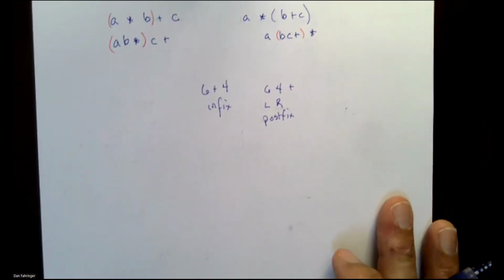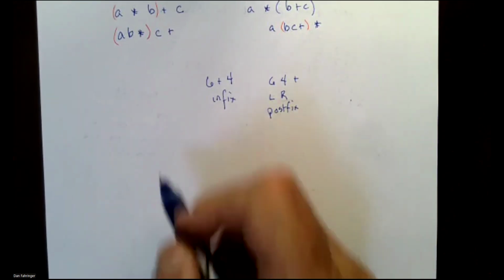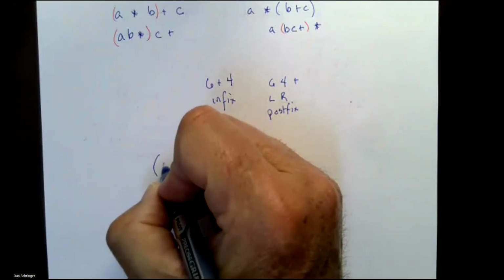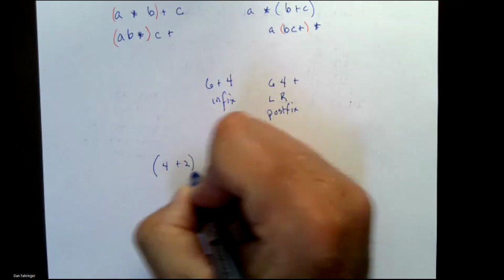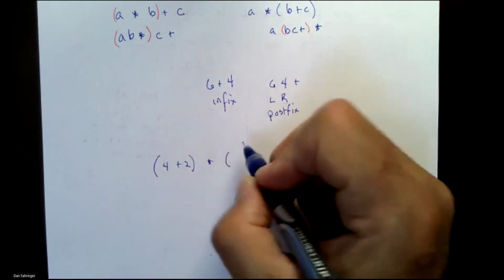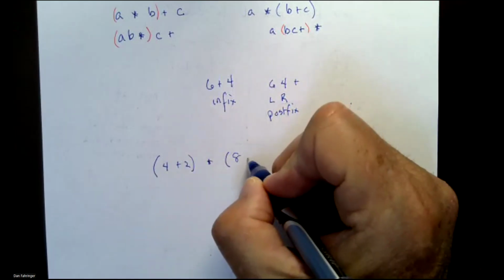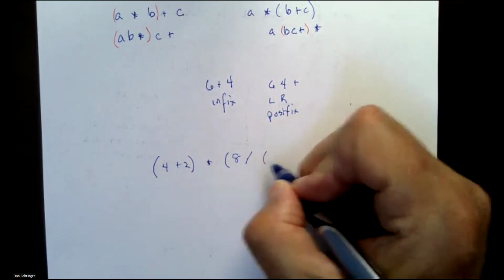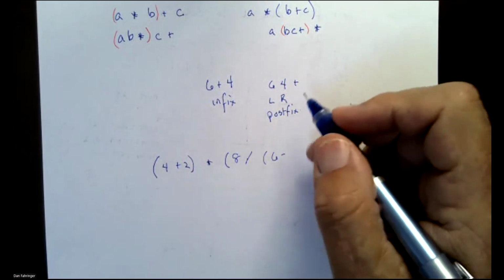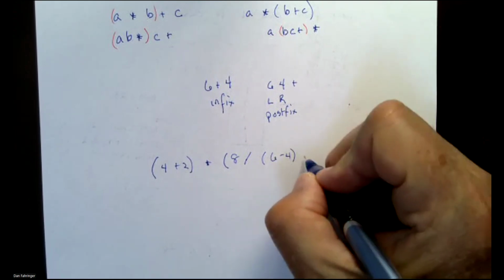Let's see how the computer would do this. I'm going to do some numbers here: 4 plus 2 times 8 divided by parentheses 6 minus 4 parentheses.